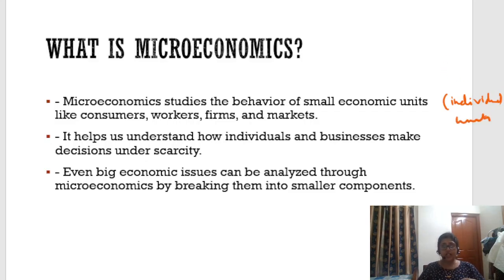Economics has two main branches, that is microeconomics and macroeconomics. Here microeconomics, like I said, is a branch of economics that helps us understand how individuals make their decisions in the economy. Individuals means focusing on consumers, workers, firms, etc. It also helps us break down bigger economic issues into smaller components and analyze the concept with different microeconomic theories.